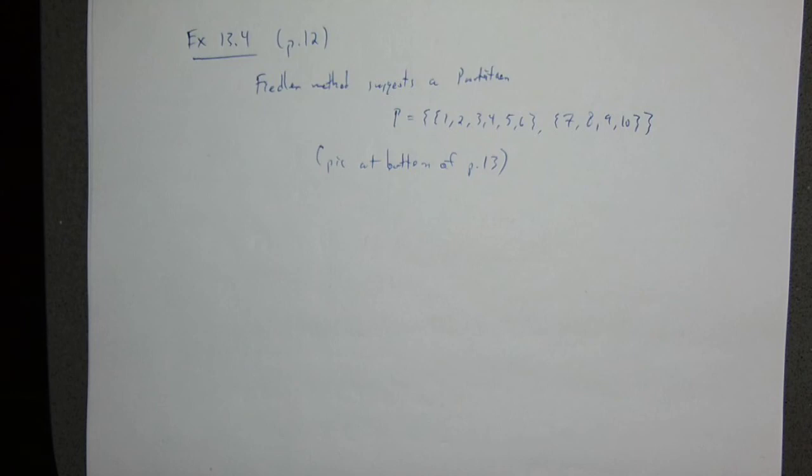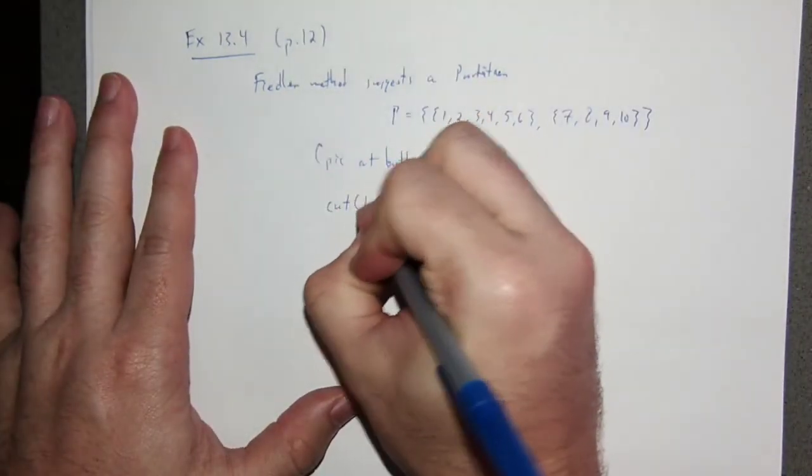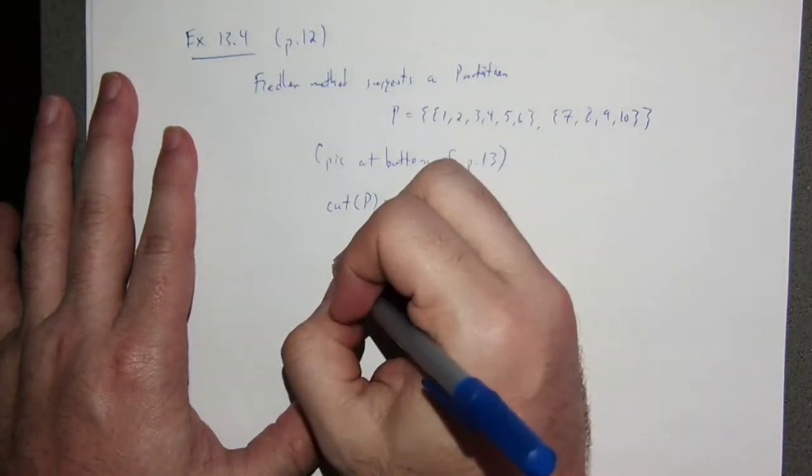Whereas if you do this, yeah, you're removing an extra edge, but you have a subset containing 4 vertices and a subset containing 6. So that's more balanced, but they're not quite equal, right? For this particular example, the cut of this P is 2 because it removes 2 edges.